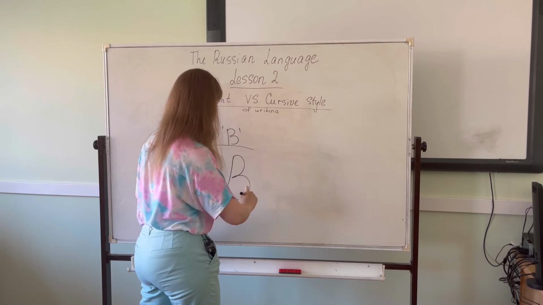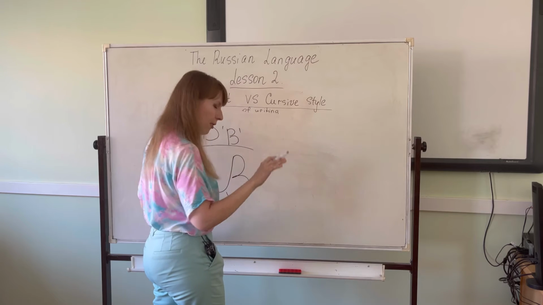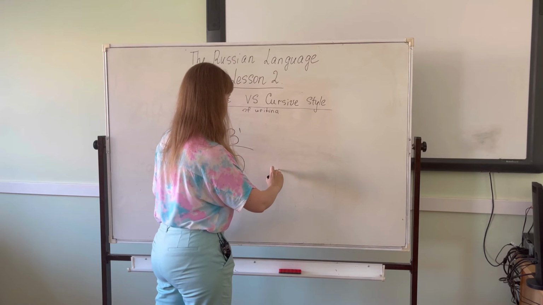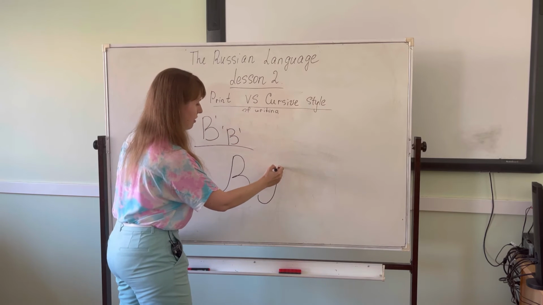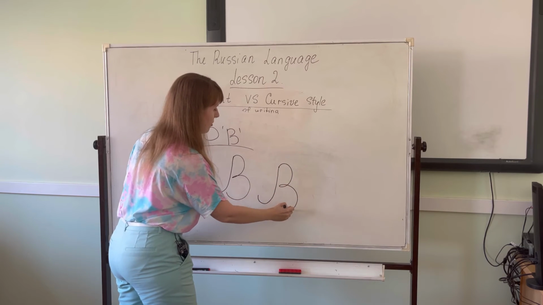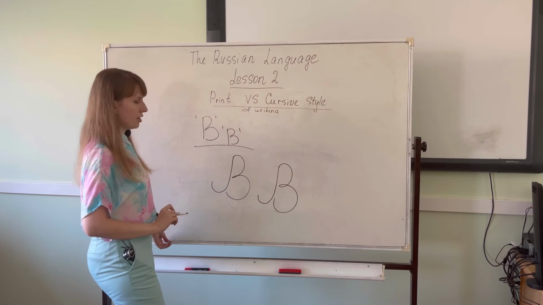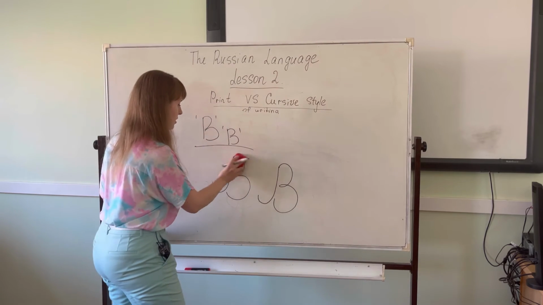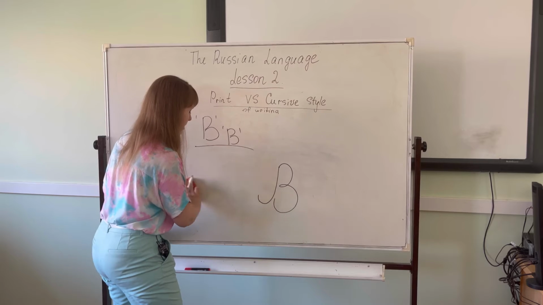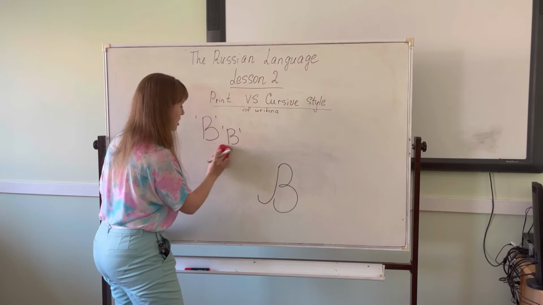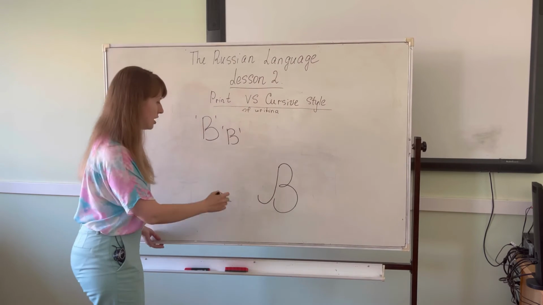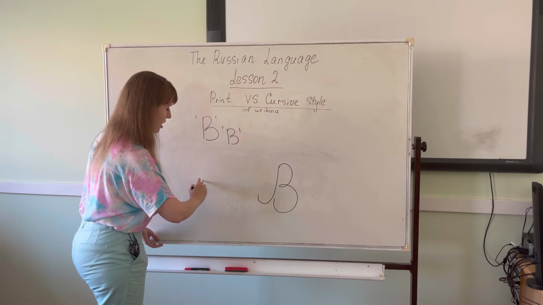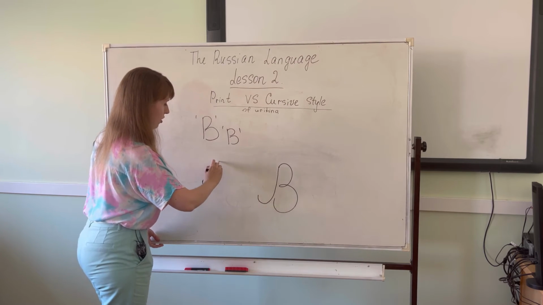Again, please keep practicing with me. Pause the video, okay? A downside stroke and then the number 3. You can do it like this, or you can do it in another style. Again, it is not very strict, you see?